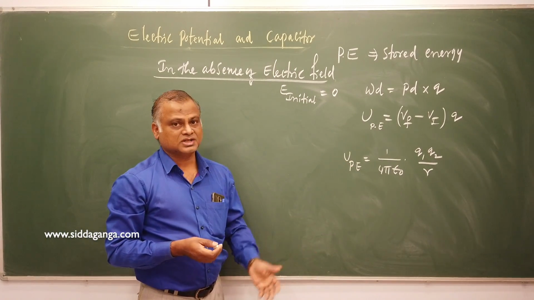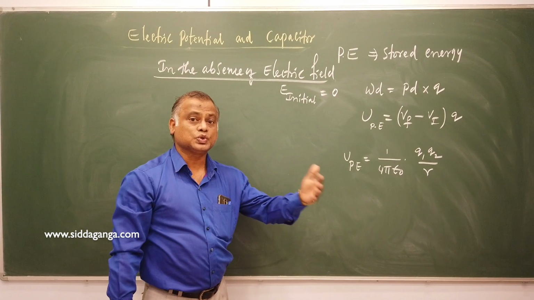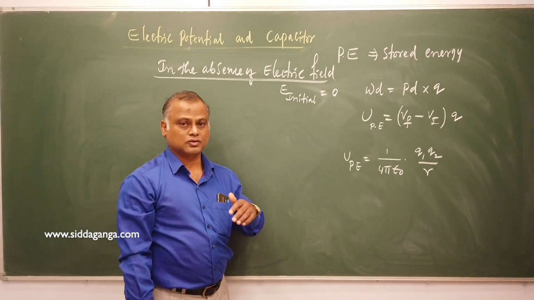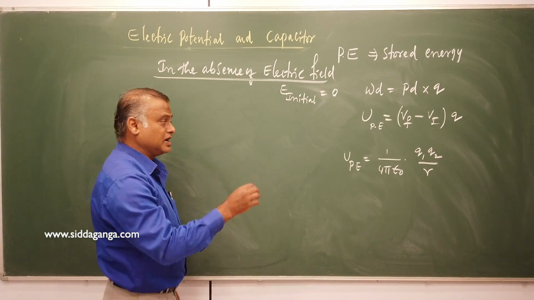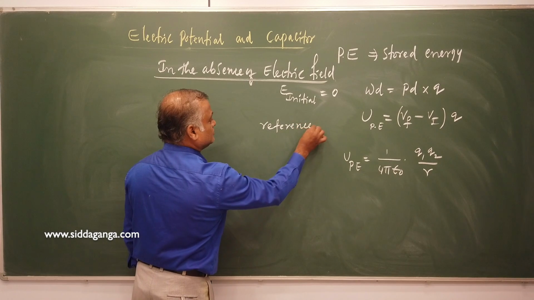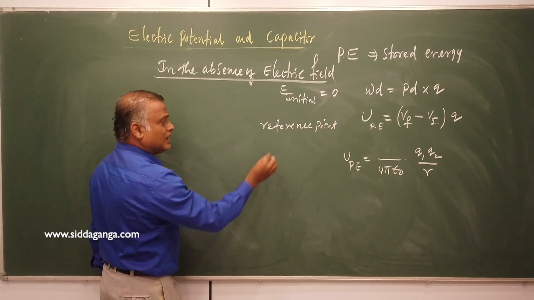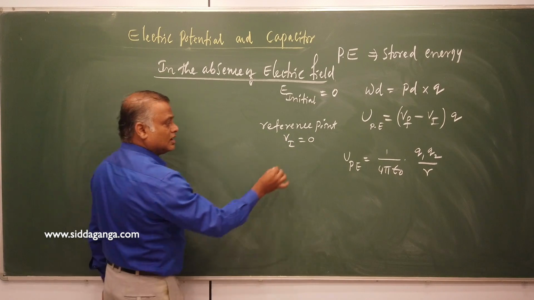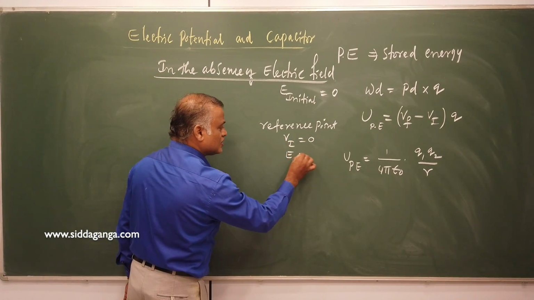To measure potential energy, we told that we should choose some reference point. To measure some potential energy at a point, we must take some reference where the initial potential is 0 and the electric field is also 0.